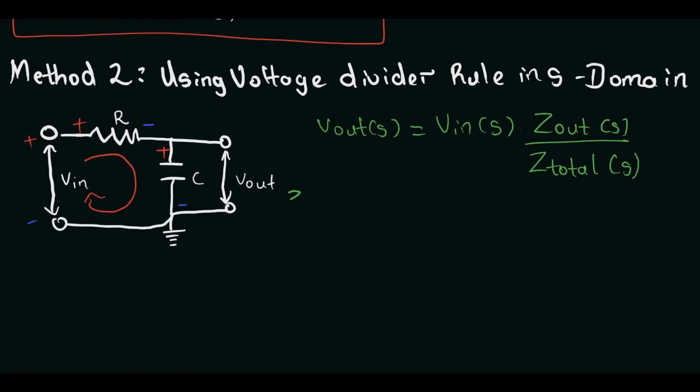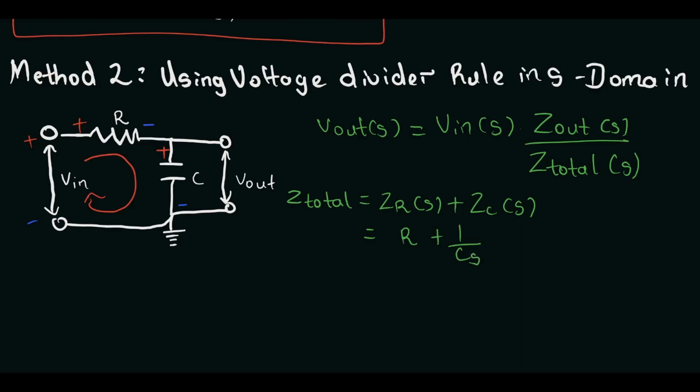Z total will be equal to the impedance of your resistor, ZR, plus the impedance of your capacitor. So that will give us R plus 1 over CS.